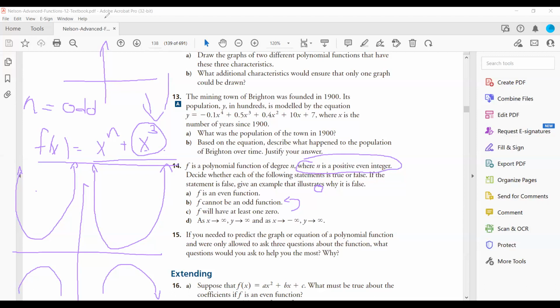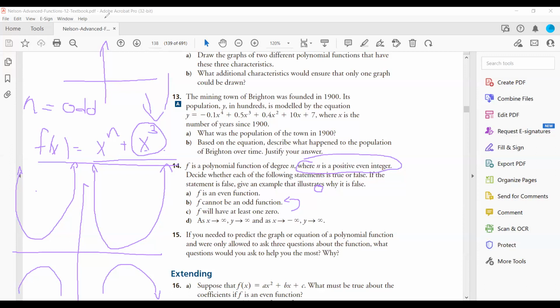But there is also an extra requirement. There shouldn't be any other odd degree in this function in order for it to be even. You can have an even degree, but the function is not even, as well as with odd degree. You cannot have an odd function if your degree is even.